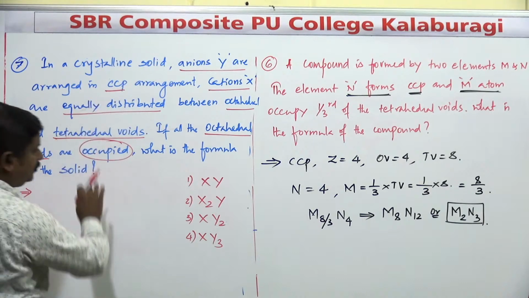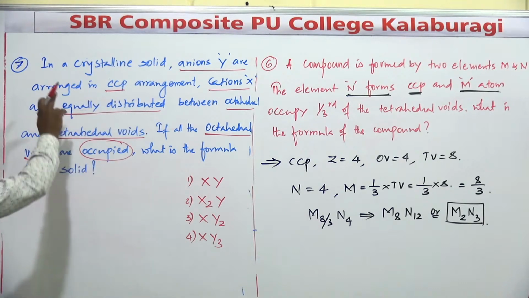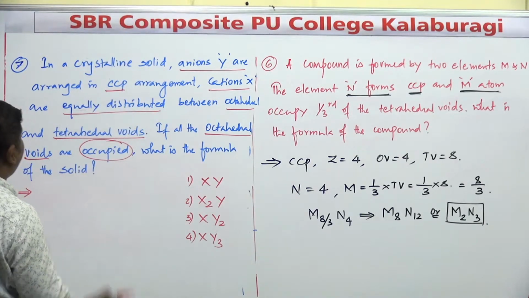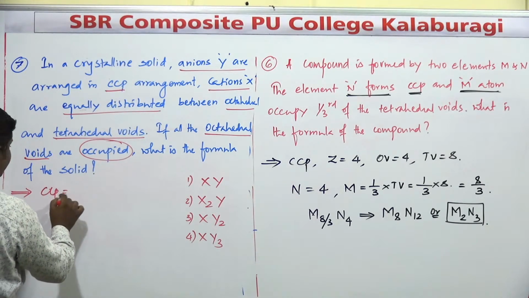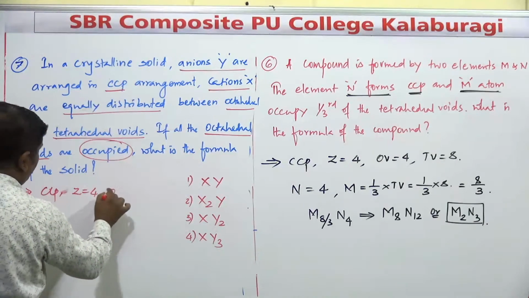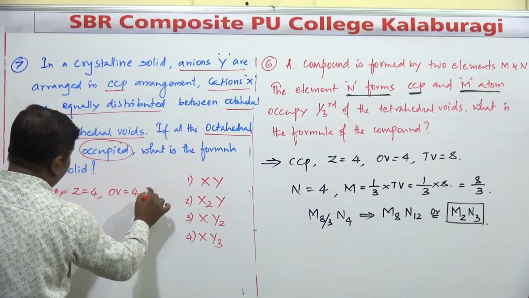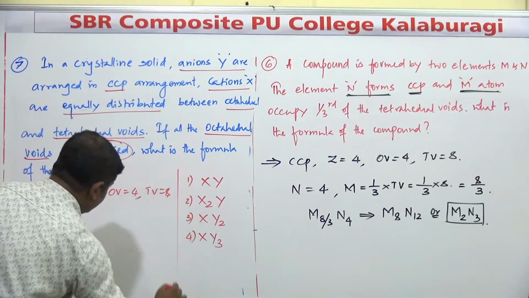Probably you got the answer. In a crystalline solid, anions Y are arranged in CCP arrangement. CCP is going to be given here. For CCP type of arrangement, the value of Z is going to be equal to 4, octahedral void is equal to 4, tetrahedral void is equal to 8. Right?